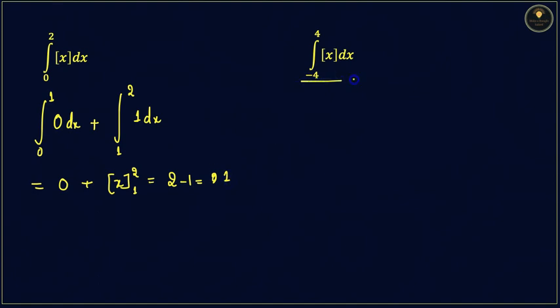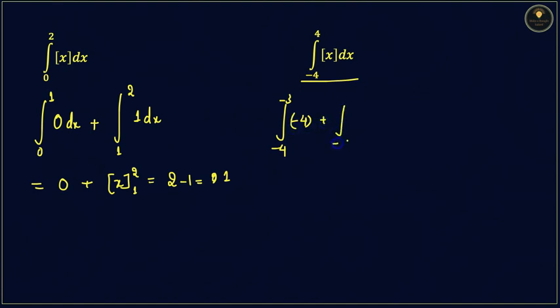Now let's do the integration of this part. You will write it from minus 4 till minus 3. So if I'm having any values in between minus 4 to minus 3, that will come out as minus of 4.